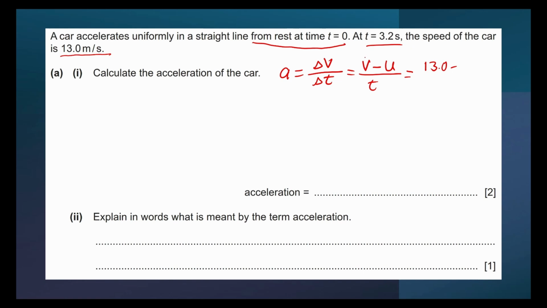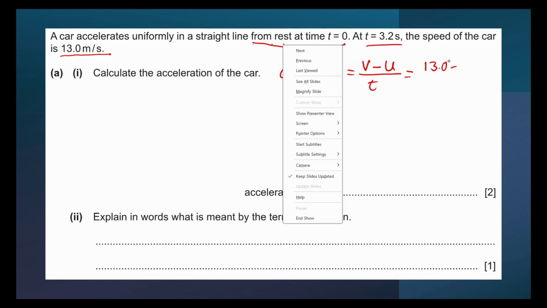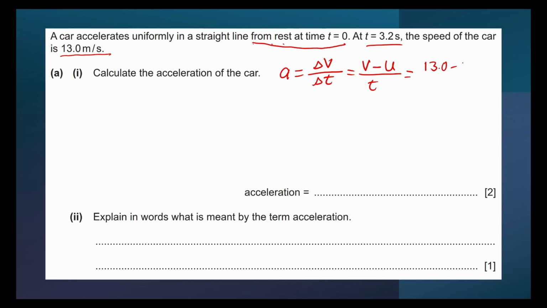Minus the initial velocity. They said that it starts from rest. This means at time equals 0, the velocity was also 0, over when the velocity is 13.0, the time was 3.2, minus when the speed is 0, the time was also 0.